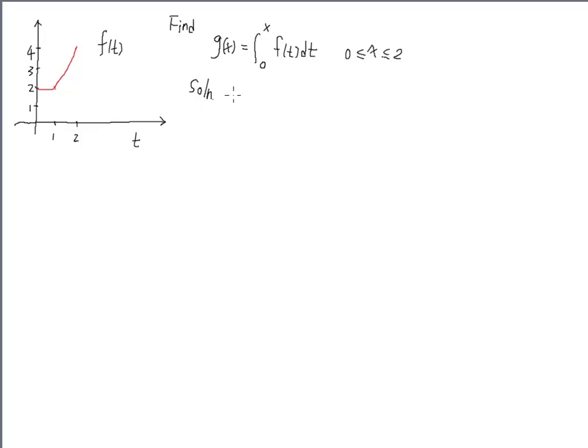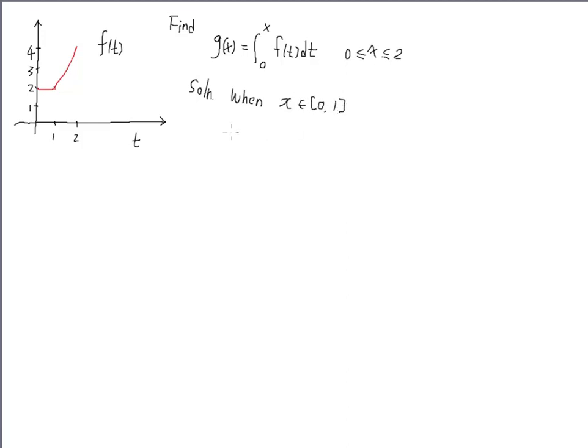So we look at the following situation: when x is inside this interval, between 0 and 1.